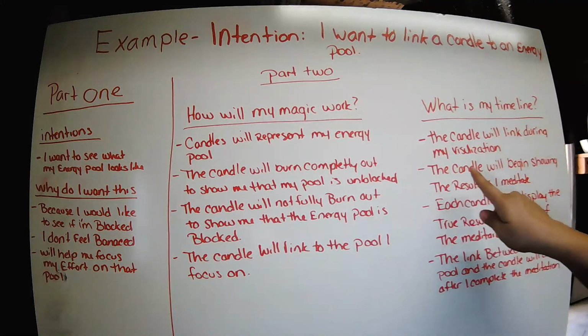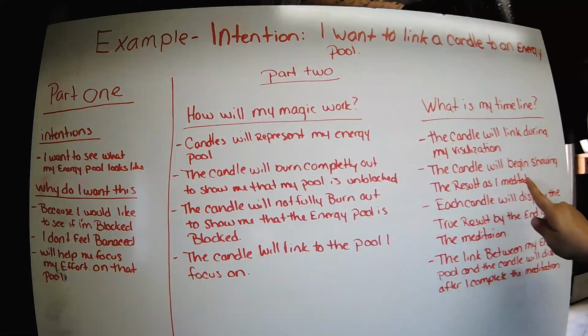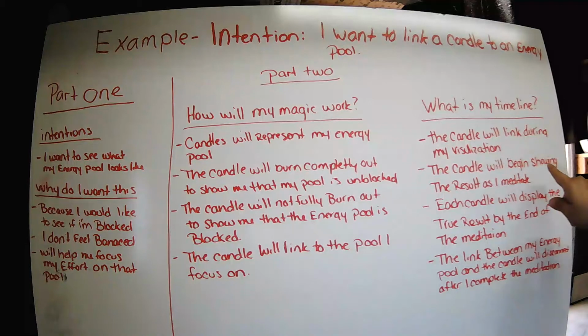The next one is the candle will begin showing the results as I meditate. After I've linked the candles, I'm going to set them all up like I did in the exercise, and then I'm going to begin my meditation. I'll use either a guided meditation. At my level of meditation I don't really worry about guided meditations, but for new people, a guided meditation is super, super helpful. It helps you focus and stay on task. So I want the candle to begin showing the results as I meditate, not after I meditate, but as I meditate.